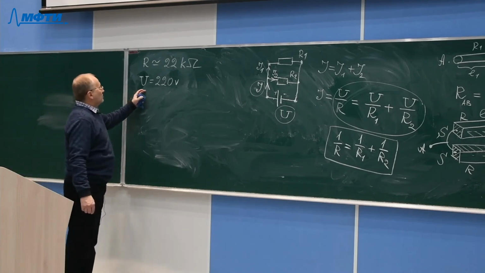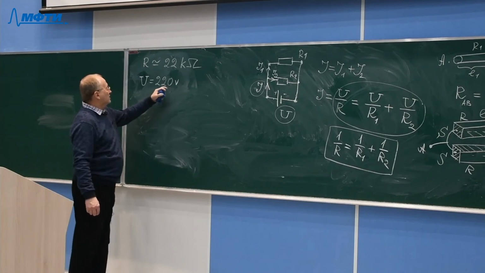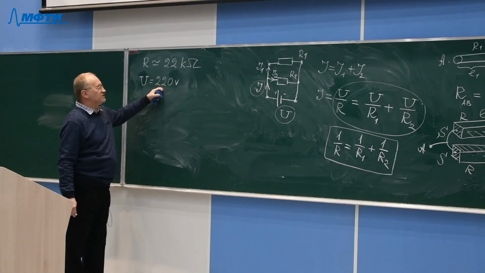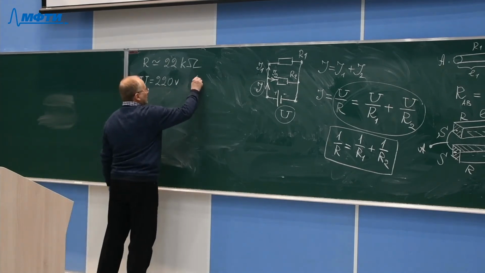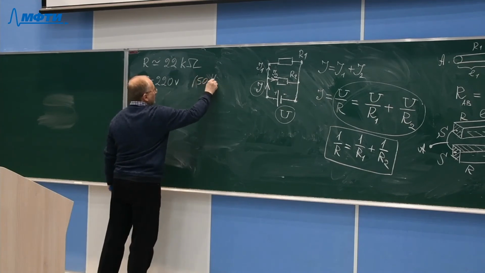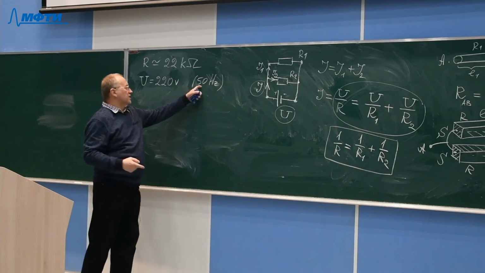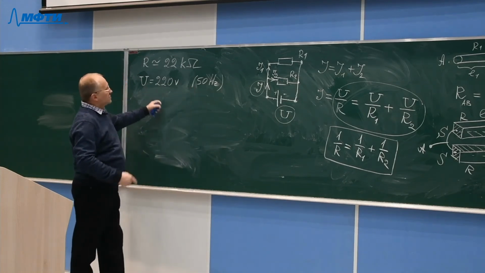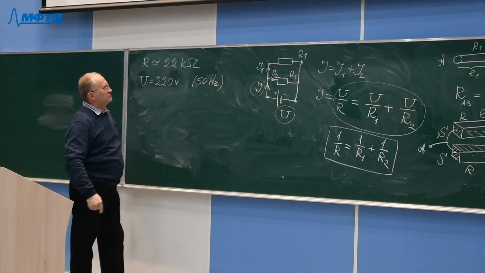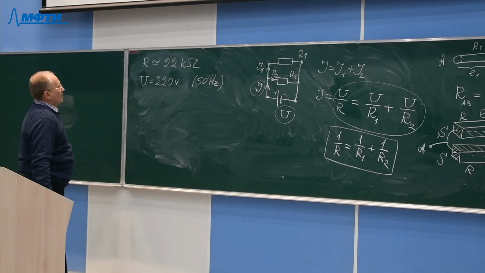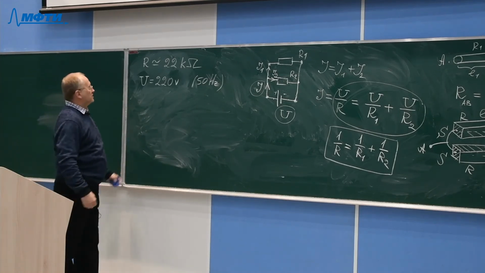So we have a wire under such a voltage, 220 volts and 50 hertz. In Russia we have 50 hertz. That is, the alternating voltage is changing direction 50 times per second. That is an industrial current, industrial voltage.